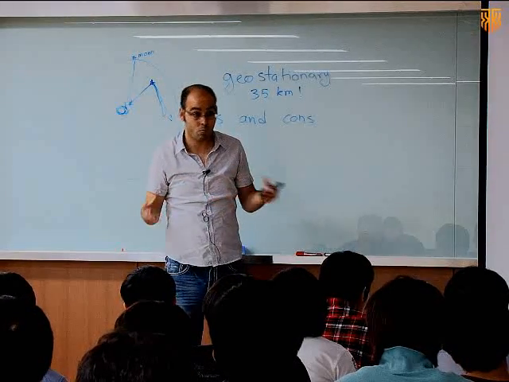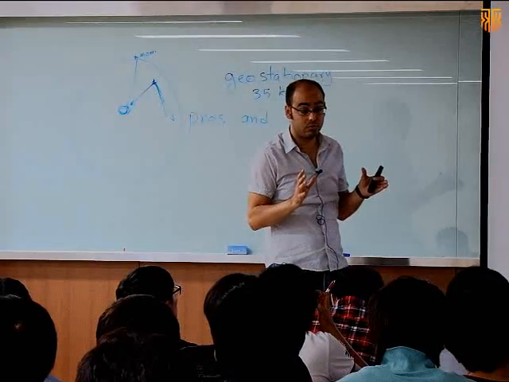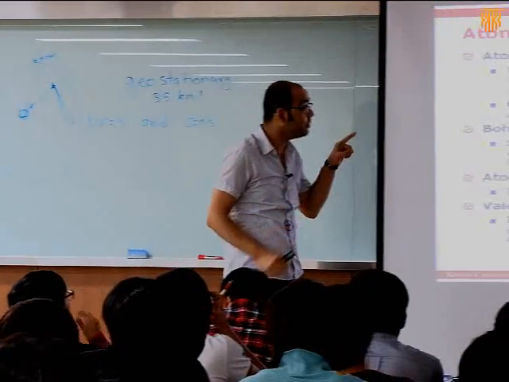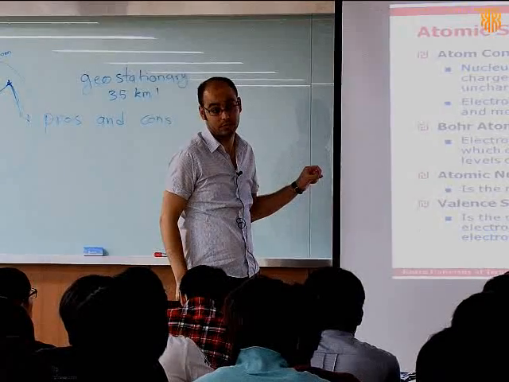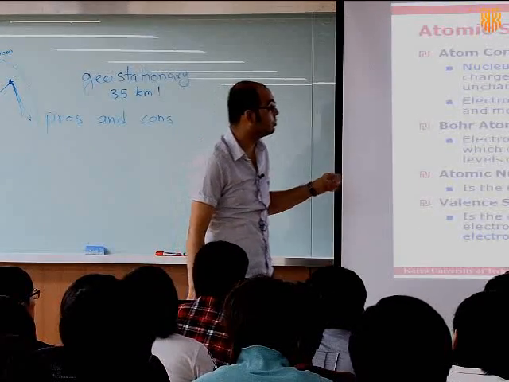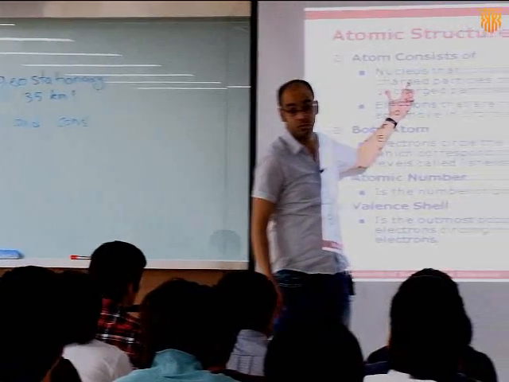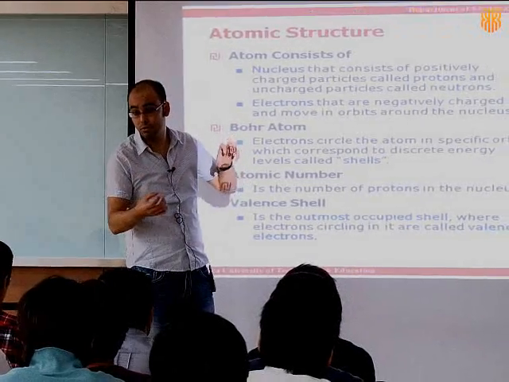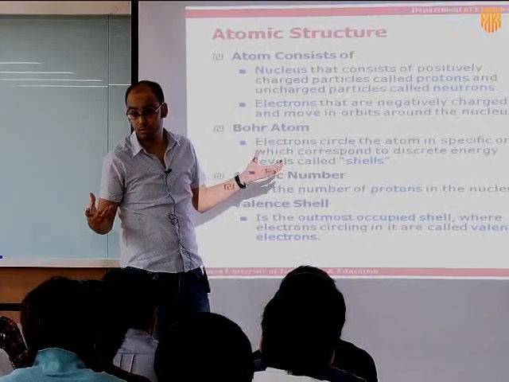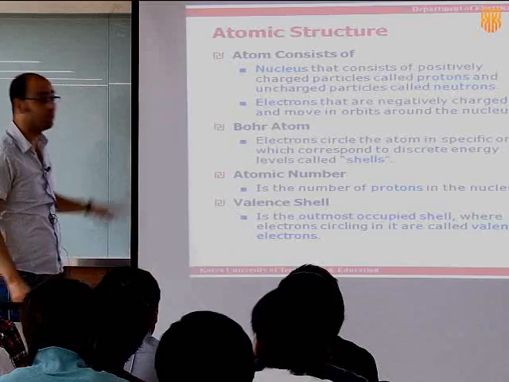So the number of electrons is not fixed, but the number of protons is fixed. You need to destroy the nucleus to get one proton out, so it makes an explosion. That's not our work.